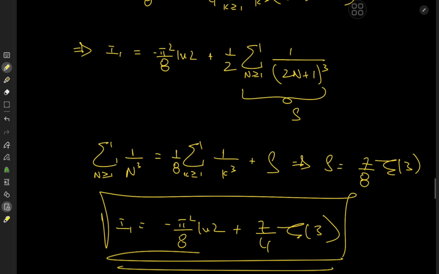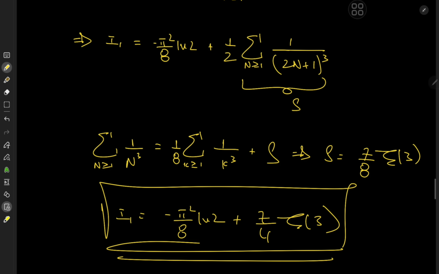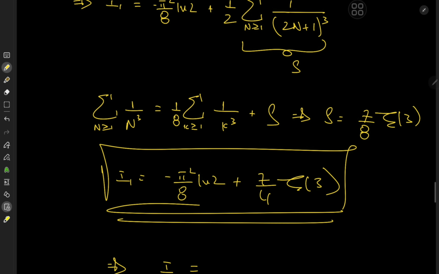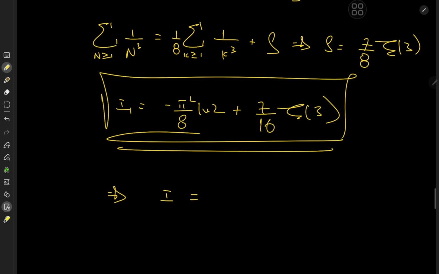Oh yeah, I forgot the factor of 1/2. 1/2 is over here. So I instead multiplied by 2. Yeah, again, like I said, I'm bad at math. So no worries, I gave you guys a full disclaimer first up. So this is 7/16. So this implies finally that I is just 7/4 of Apéry's constant.